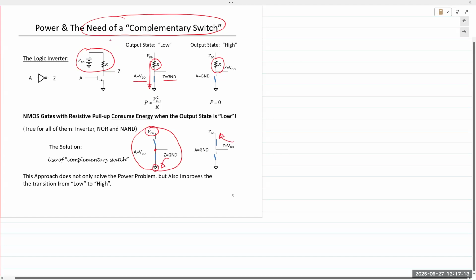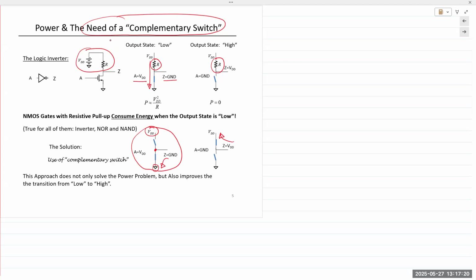The switch could be made out of any device: an actual switch, BJT, MOSFET, does not really matter. But the logic behind this operation is that the two switches complement each other. One is on, the other one is off. Both cannot be on and both cannot be off at the same time. Hence, complementary.